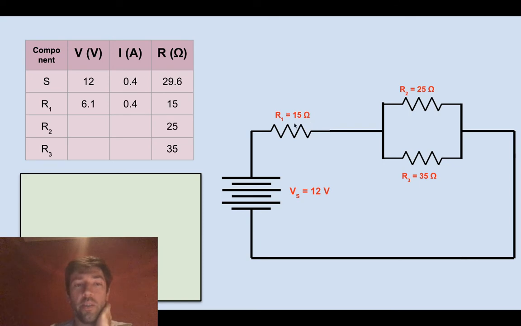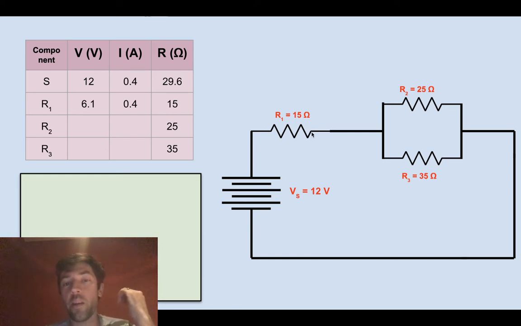But voltage, remember that basically electrons have a certain amount of voltage and they kind of deposit it at different places along the circuit. So electrons come out of the battery with 12 volts. And we know that every electron passes through resistor number 1 and drops off 6.1 volts. So how much do they have left? Well, you just subtract.